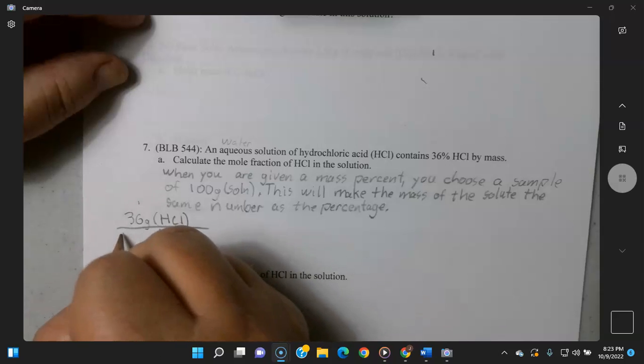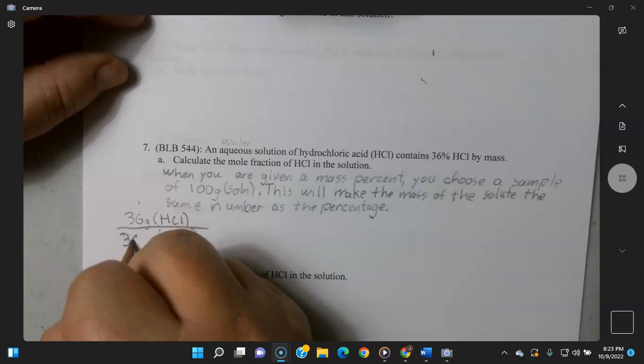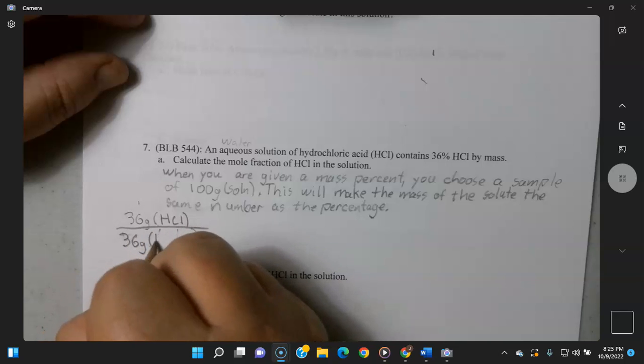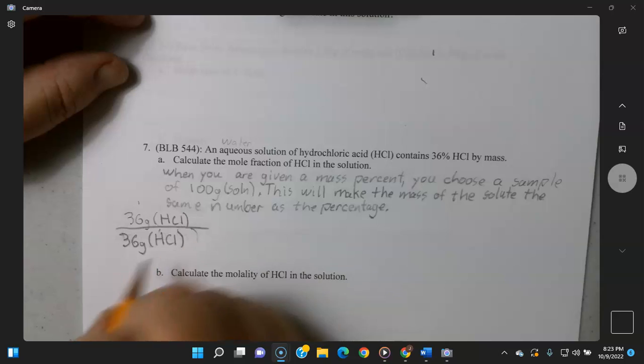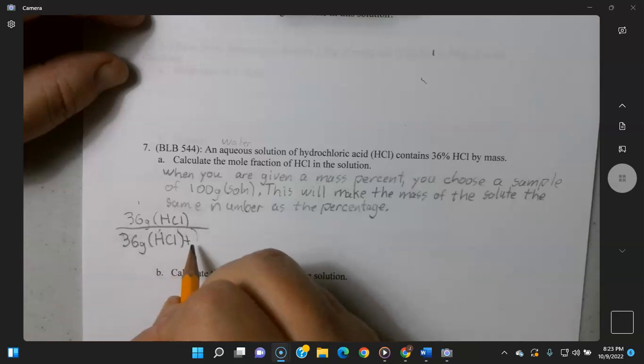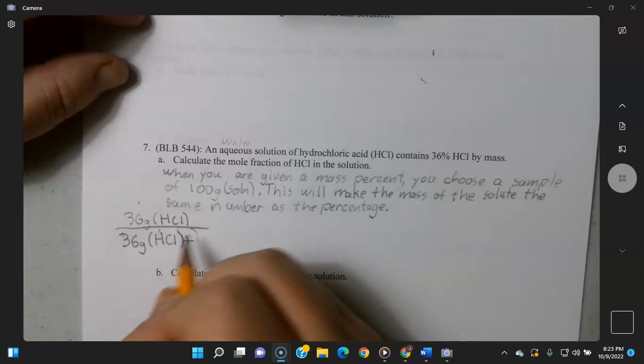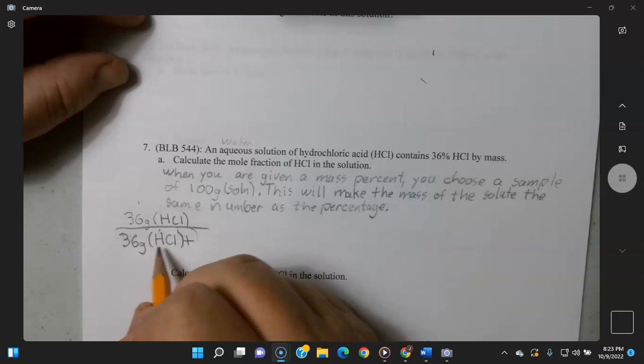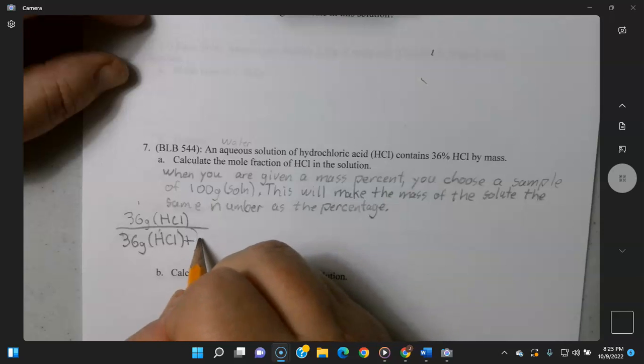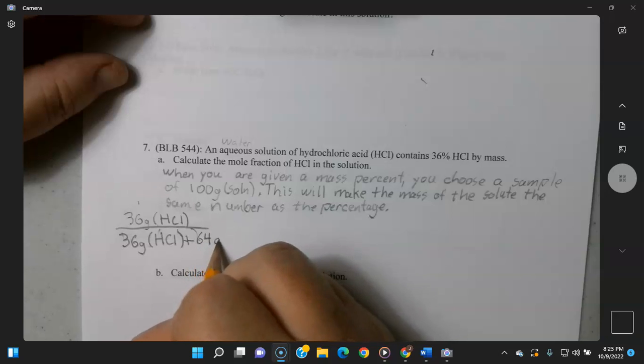So instead of writing it as 100 grams of solution, I'm going to write it as 36 plus the remainder, which has to be 100 minus 36, is 64 grams of H2O.